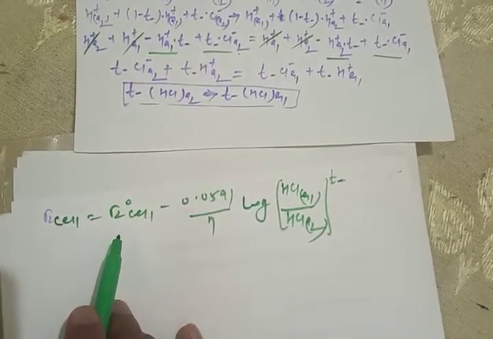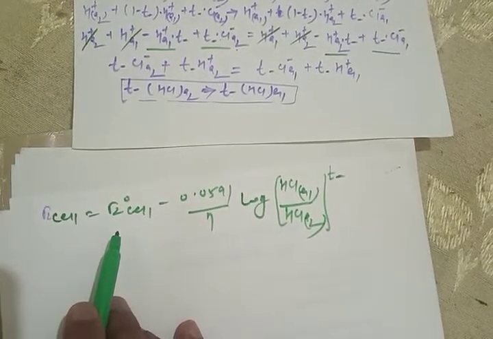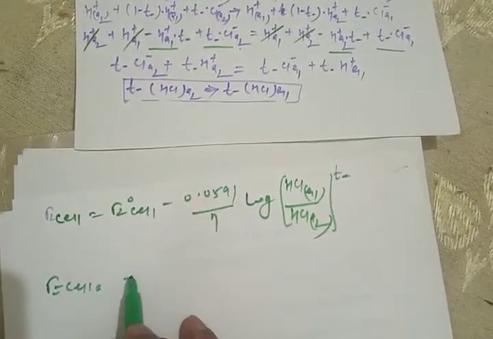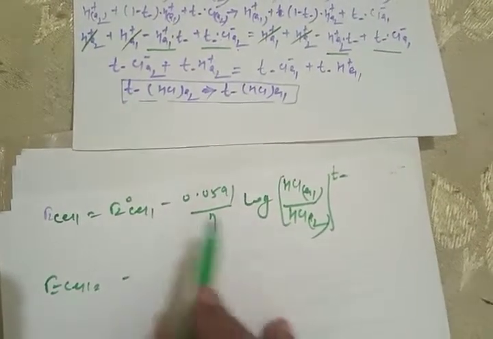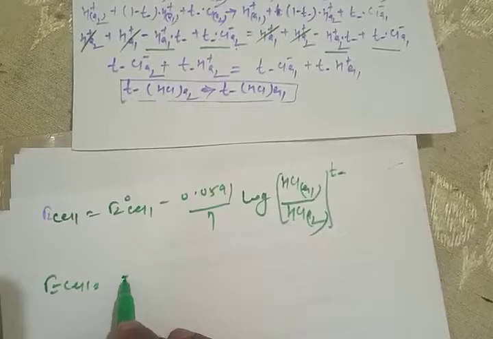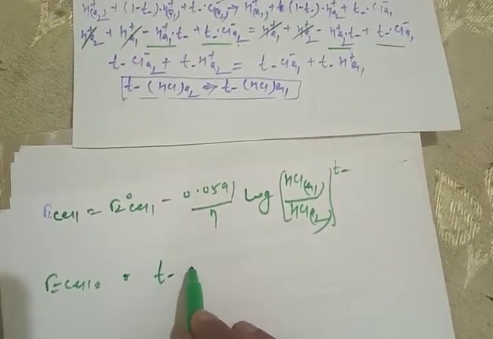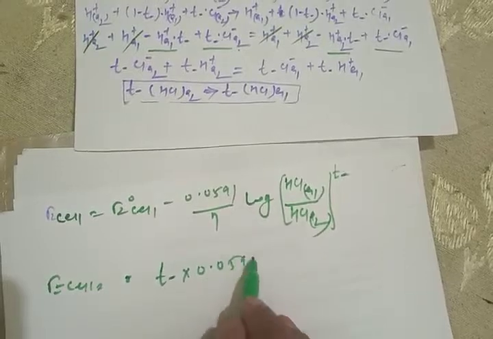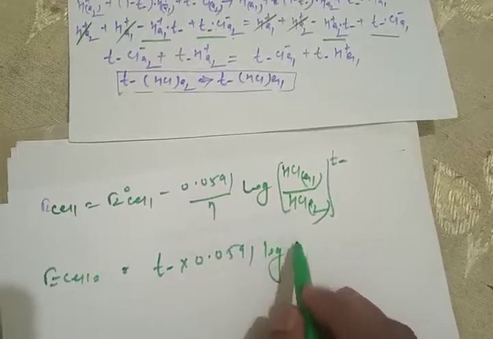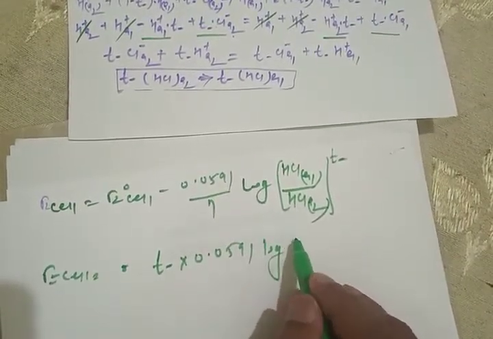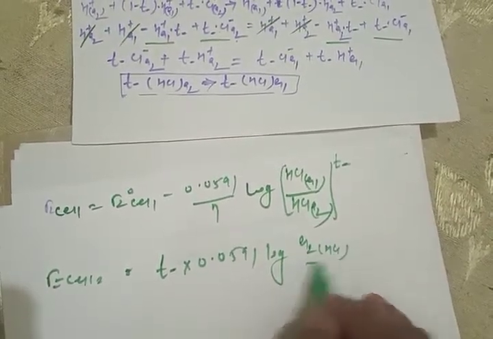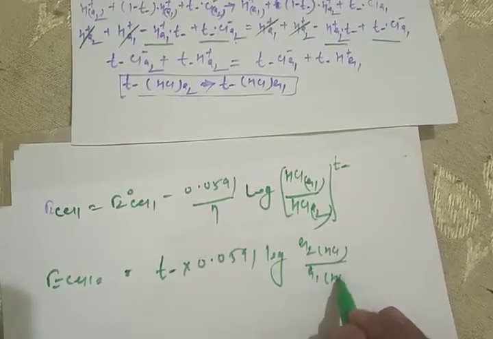The value of this E naught cell will be 0, no problem with this. So E cell is minus, if you remove this minus, this comes to this side and this comes to this side, and this T minus will again multiply with this, so T minus and multiply 0.059, n is 1, so I'm not writing n here, and log of activity, that means A2 SCl and A1 HCl.